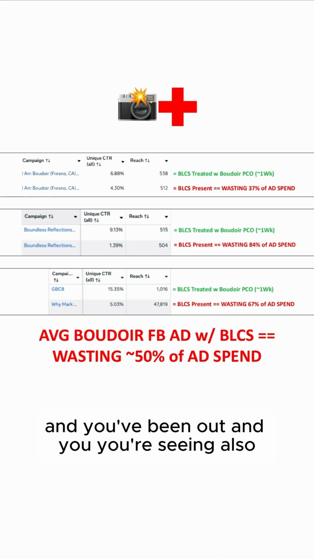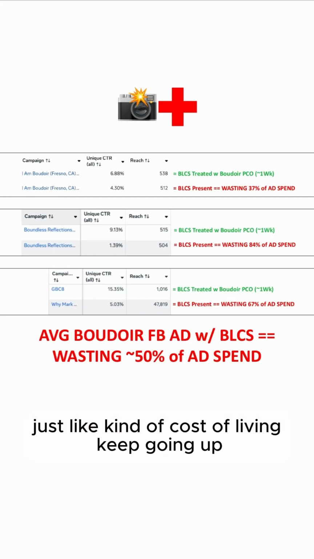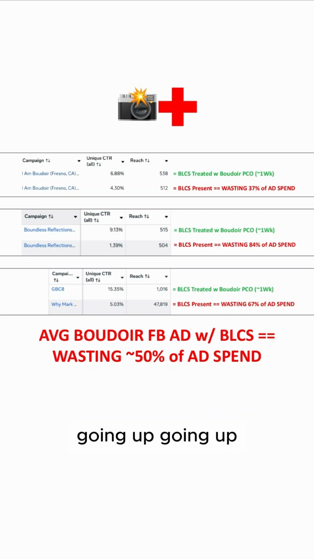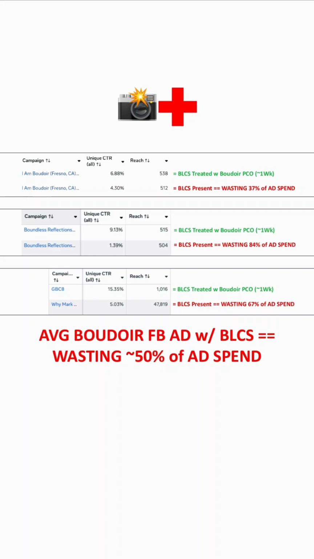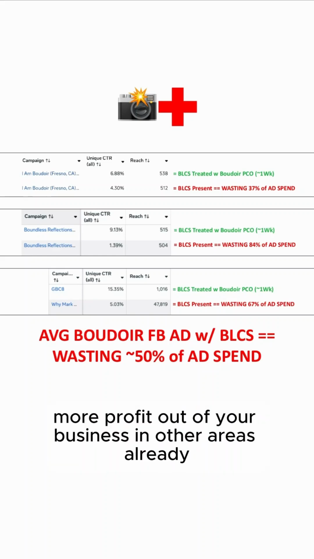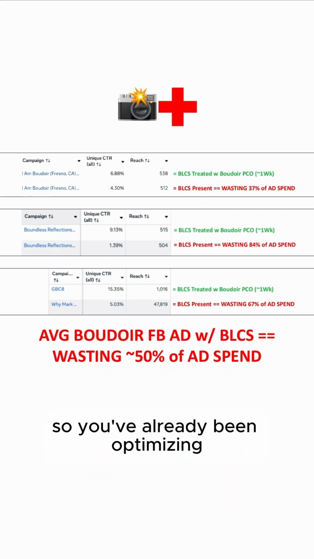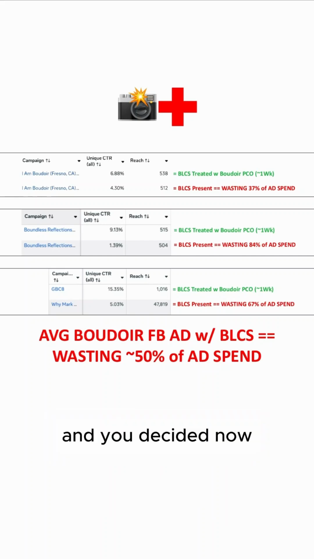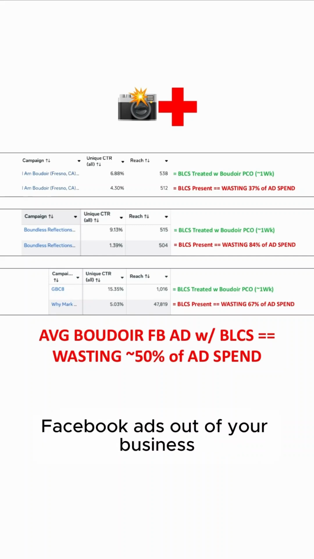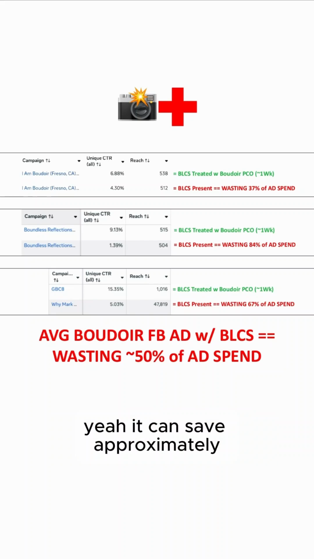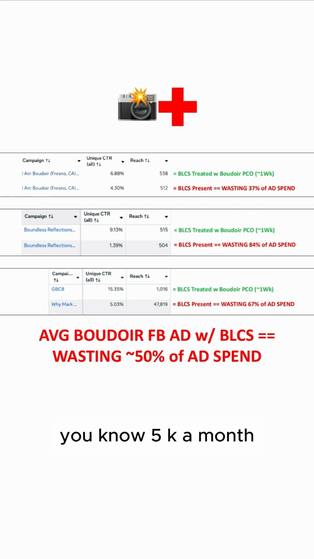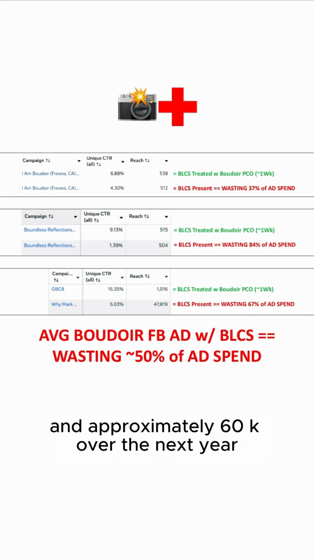And you're seeing inflation, the cost of living keep going up, going up. And you've been optimizing, pulling more profit out of your business in other areas already. And you decided now you're finally ready to optimize the Boudoir Facebook ad side of your business because you saw with Boudoir Pico, yeah, it can save approximately 5K a month. Put that back in your pocket that you don't have to spend, so it's not being wasted. And approximately 60K over the next year.